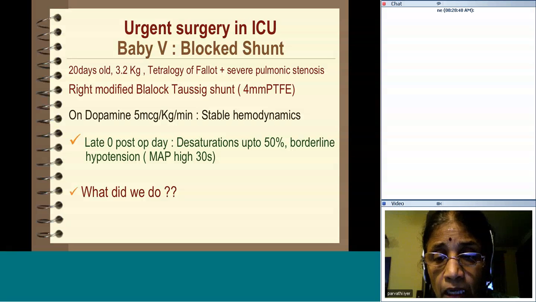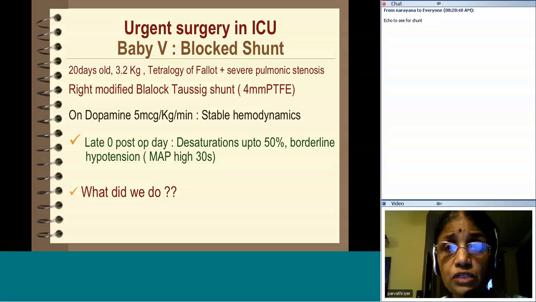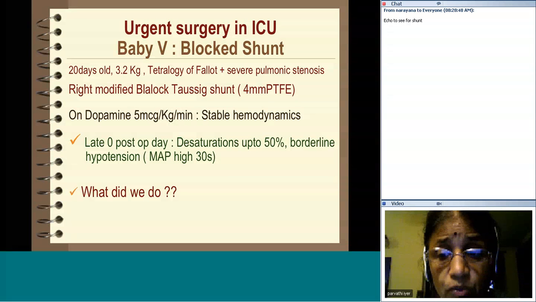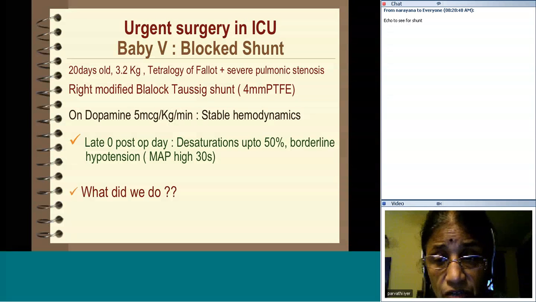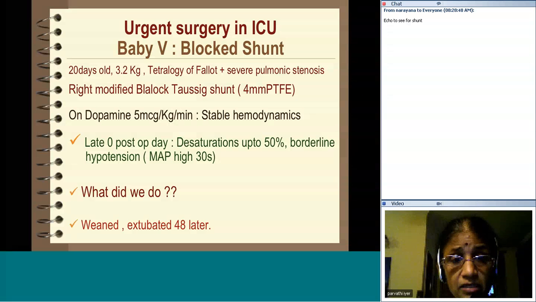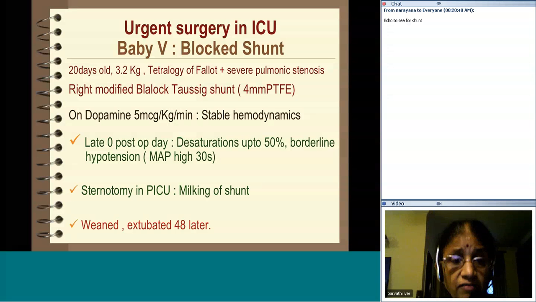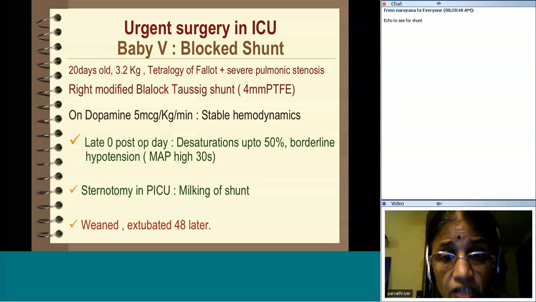We got the echo machine, there was a resident on. Because the baby started deteriorating very rapidly, a rapid sternotomy was performed in the intensive care unit. You're right, the shunt was not optimally open, and the shunt was milked. The baby was extubated 48 hours later, neurologically intact, and discharged successfully.